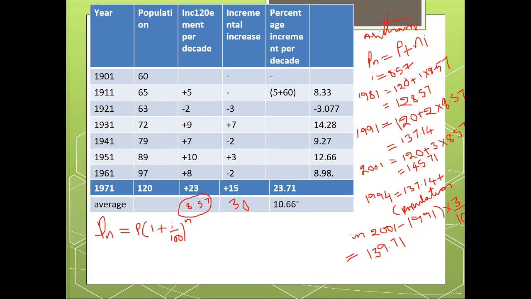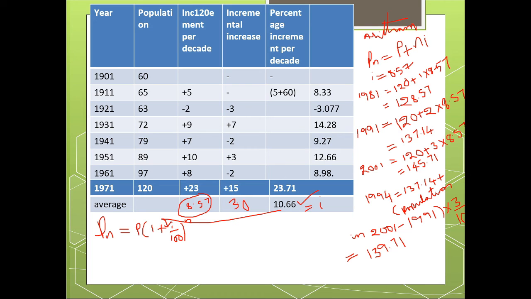This is the percentage increment, small i. This value you have to substitute in this I value. Then you will get the population.